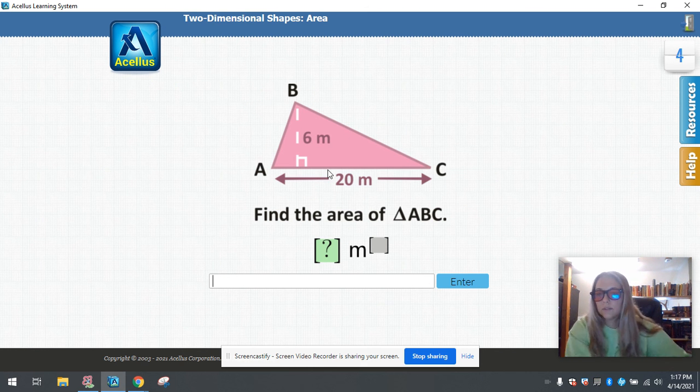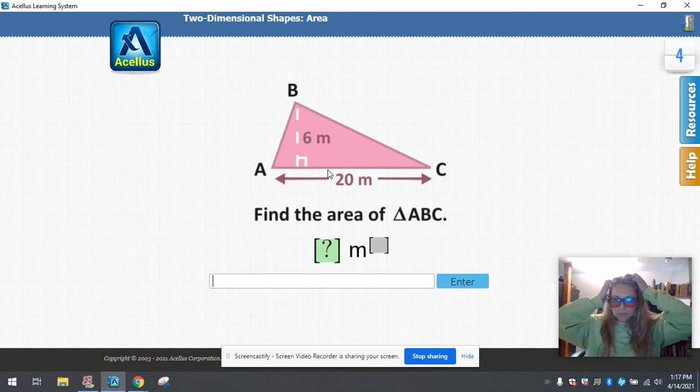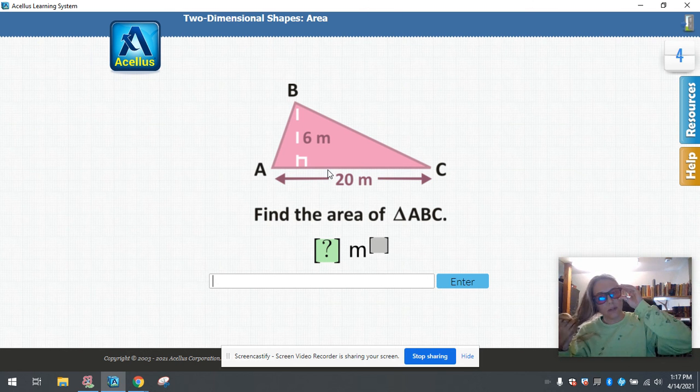Find the area of triangle ABC. The formula for the area of a triangle is basically like finding the area of a rectangle or a square, which is the length times the width, but times 1/2. For a triangle, we call it the base times the height.